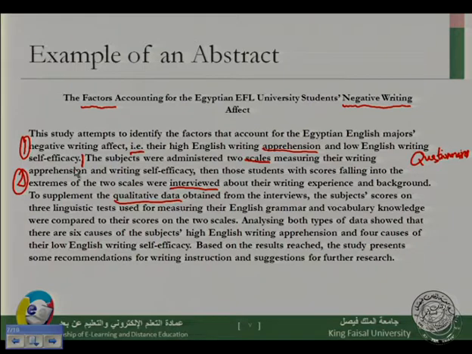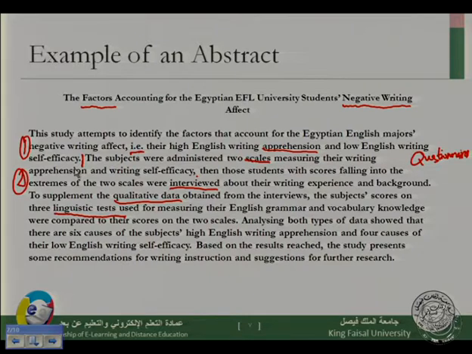So he used qualitative data obtained from the interviews, and the subjects' scores on 3 linguistic tests. Again, he used 3 linguistic tests. Why? Because he wants to measure their English grammar and vocabulary knowledge. So you see, he used questionnaires, and then interviews, and he used 3 tests. You see how informative this abstract is.